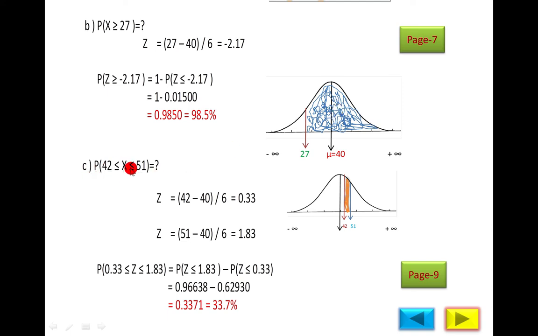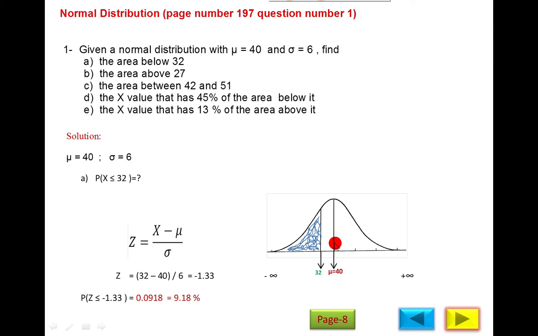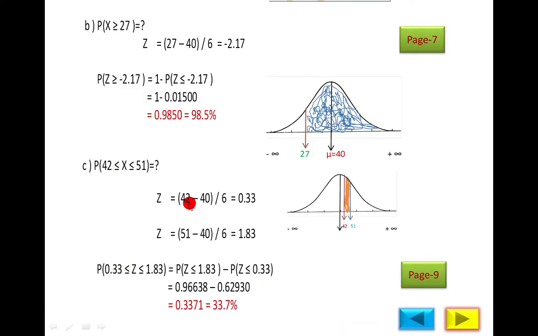Next part, between 42 and 51. Third part, between 42 and 51, we will substitute both values one by one. First substitute 42, you will obtain 0.33. If you substitute 51 here, 1.83. So x transforms into z: 42 into 0.33, 51 into 1.83.